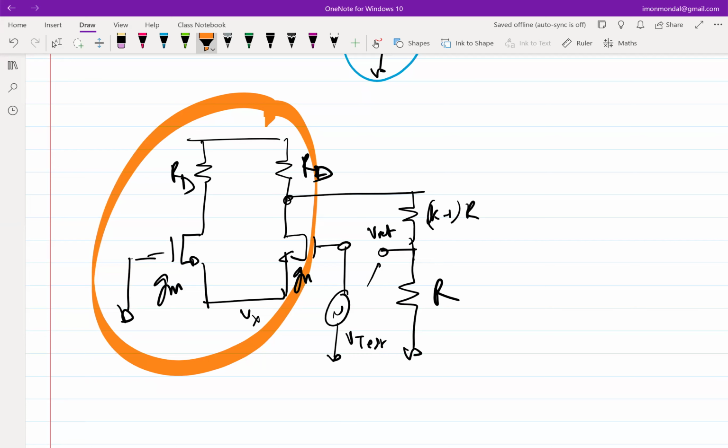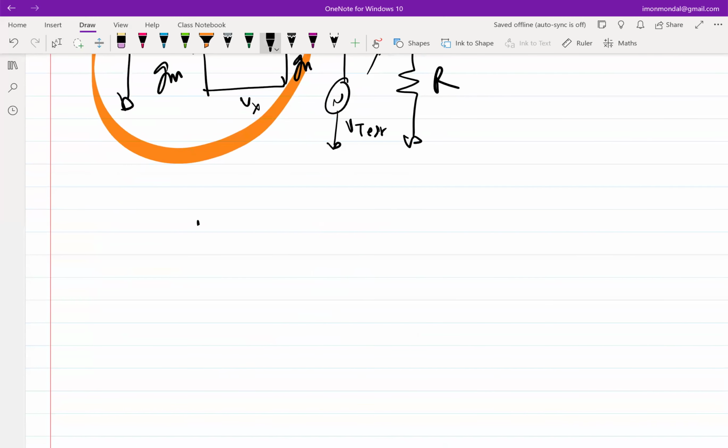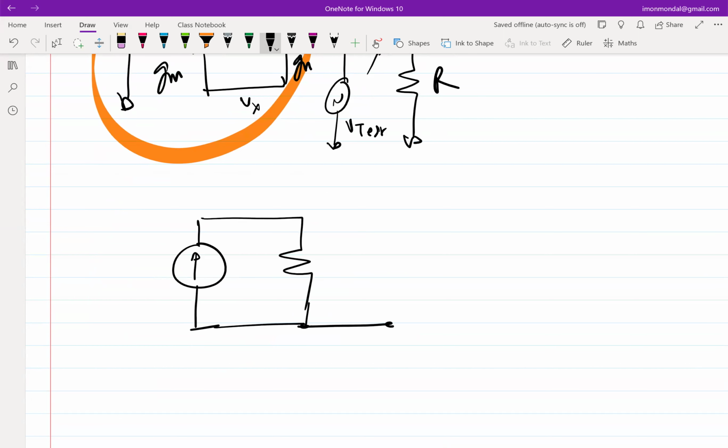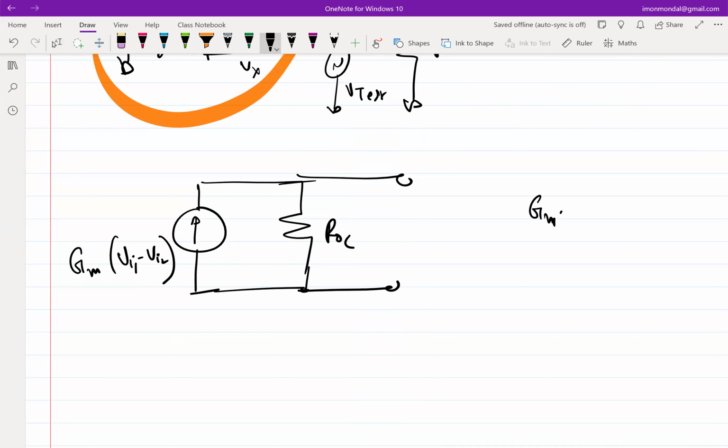So I will simply replace it with the Norton's equivalent, which was GM times VI1 minus VI2, and this was some ROC, where GM was GM1 GM2 by GM1 plus GM2, which in our case is GM over 2, because both the GMs are identical.